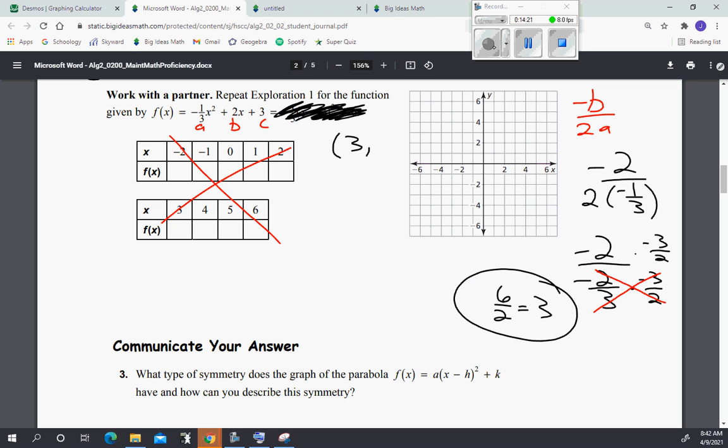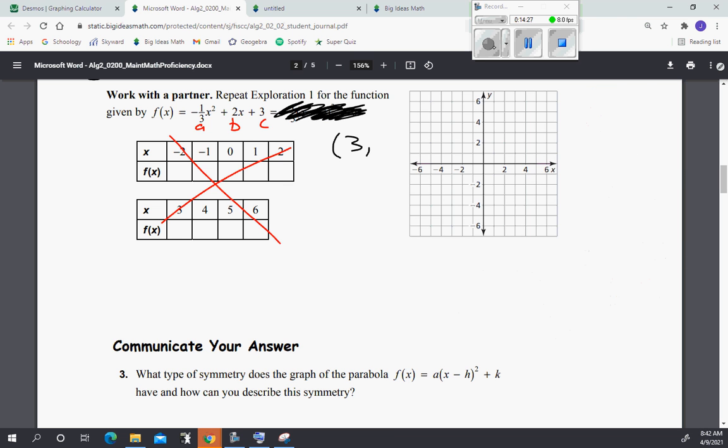We need to plug that back in to find y. So we plug 3 in. Y, or f of x, equals -1/3 times 3 squared plus 2 times 3 plus 3. 3 squared is 9. -1/3 of 9 is -3.